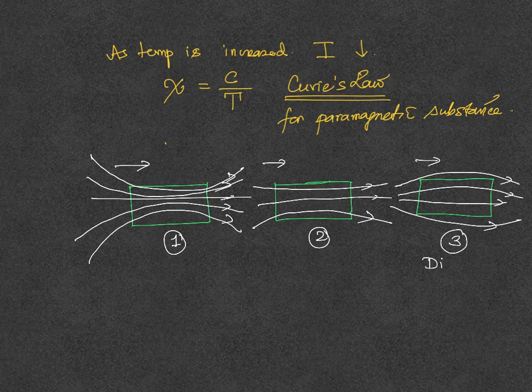So this is diamagnetic, this is paramagnetic, and the extreme left one is ferromagnetic. So that is all about ferromagnetic, paramagnetic and diamagnetic substances.